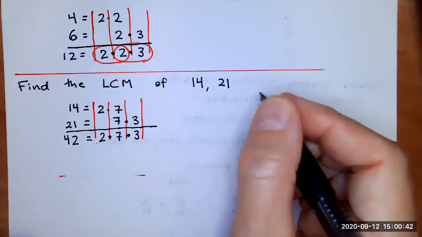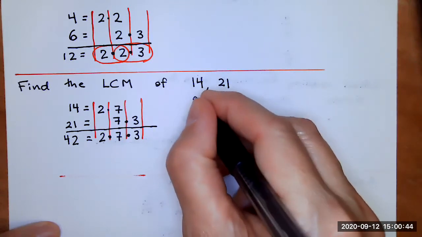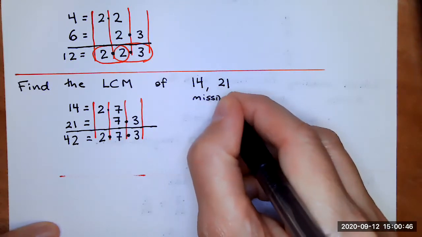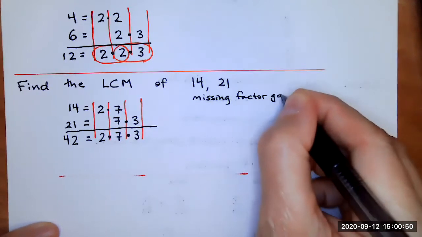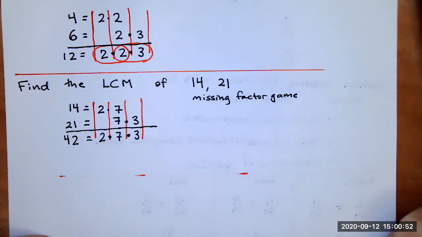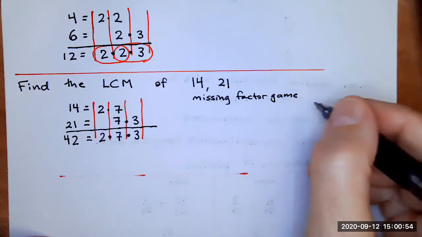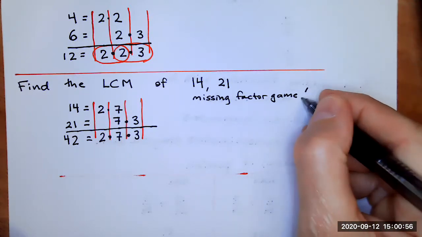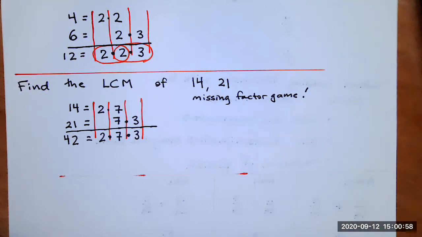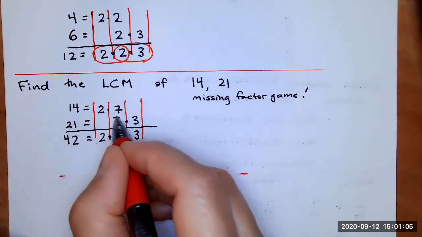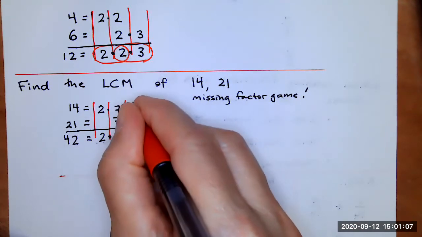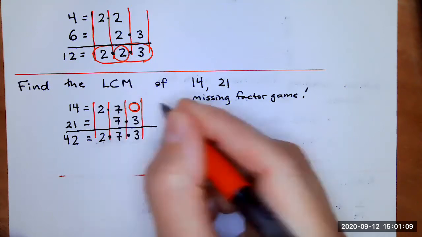And then there's a little game I like to call the missing factor game. Which is super fun because everyone's a winner. How does it go? Well, you look on the 14 row and you say what number is missing from 14.